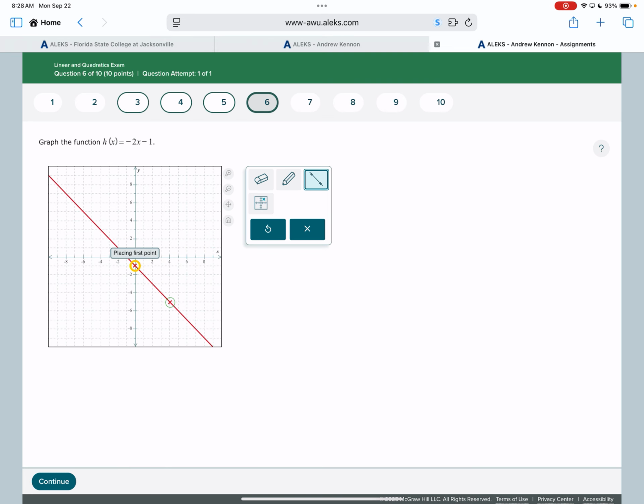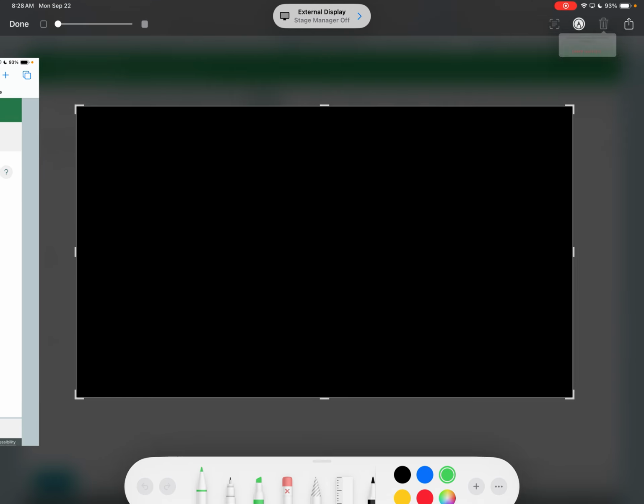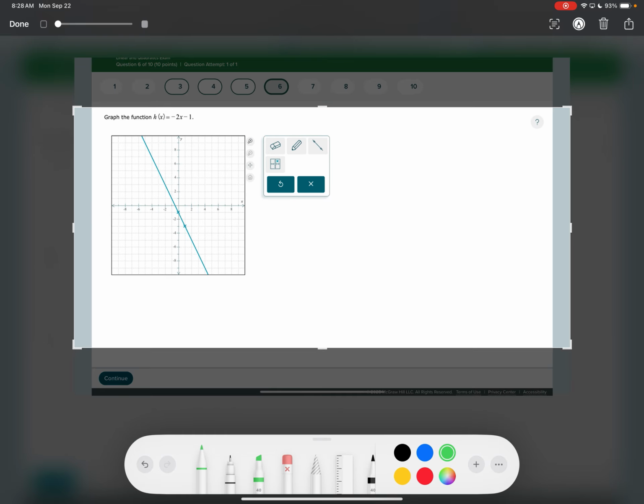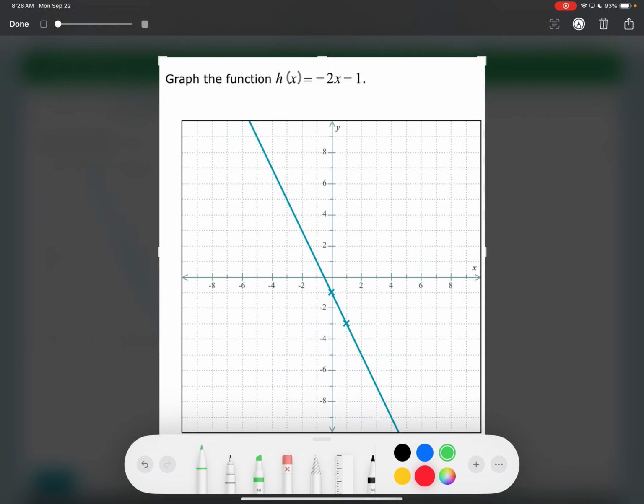So I start at negative 1, and then I go down 2 to the right 1.